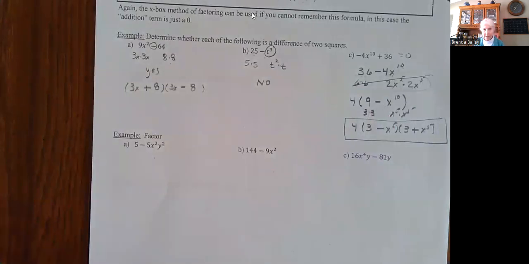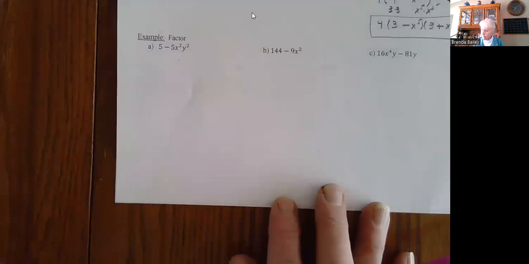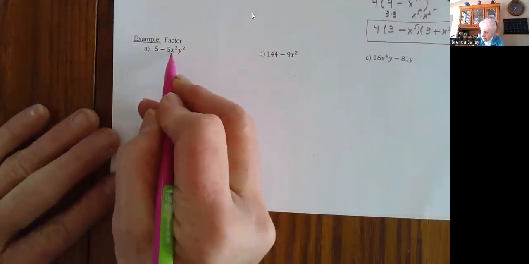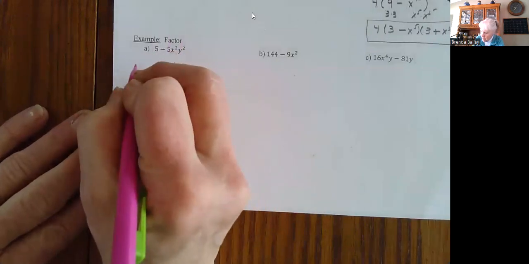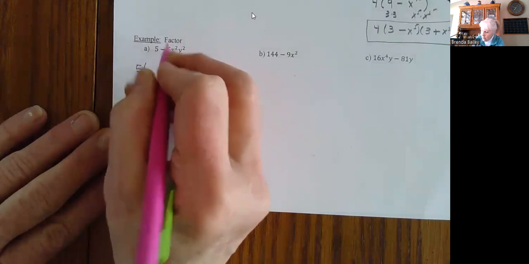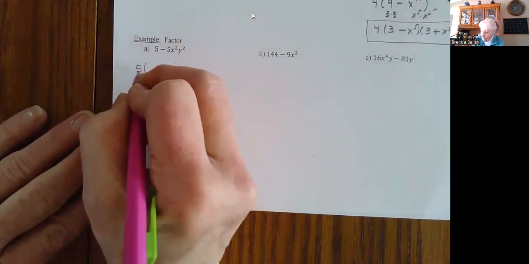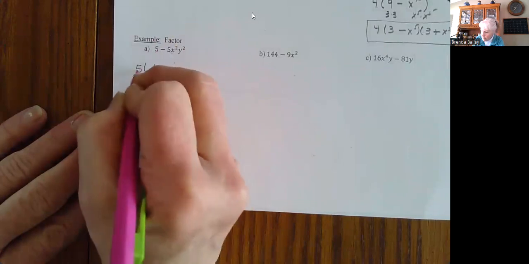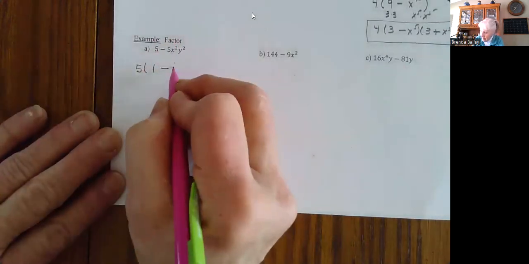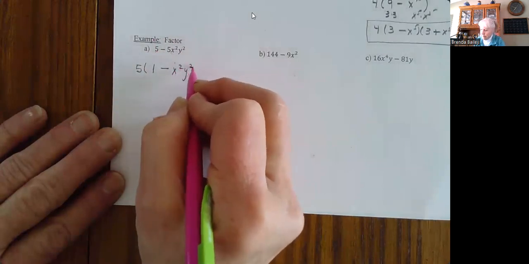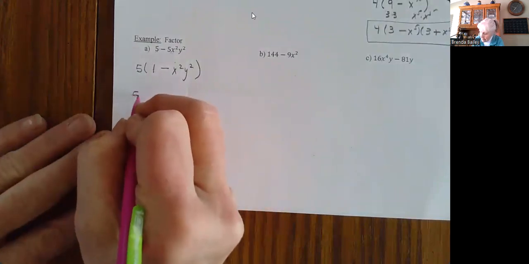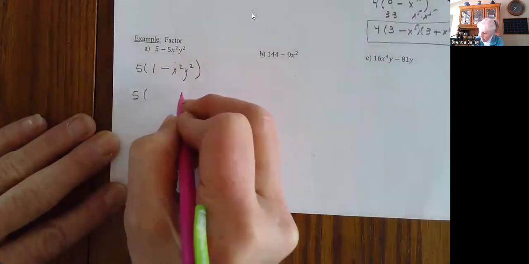All right, let's do some more examples. And again, not going to forget, factor out the greatest monomial factor here, greatest common factor, 5. 5 goes into both of those. So you've got 5 divided by 5 is 1. If you multiply, go back to the original. Here the 5's canceled, x squared, y squared. Now, it's a difference, so we're good there.